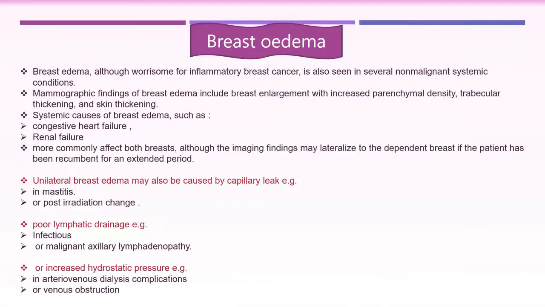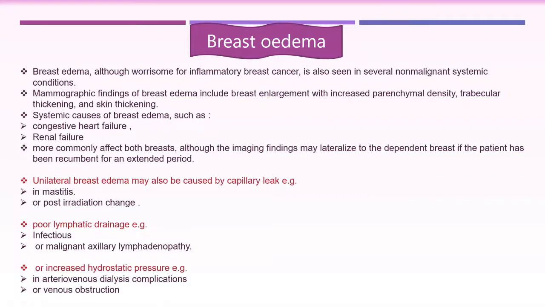So skin edema, or dermal edema, and breast edema could be either systemic or due to local causes, especially inflammatory carcinoma. When it's unilateral, it can be due to capillary leak in mastitis or irritation changes, due to lymphatic draining problems like infection or malignant axillary node, or due to hydrostatic pressure like in renal failure or heart failure.